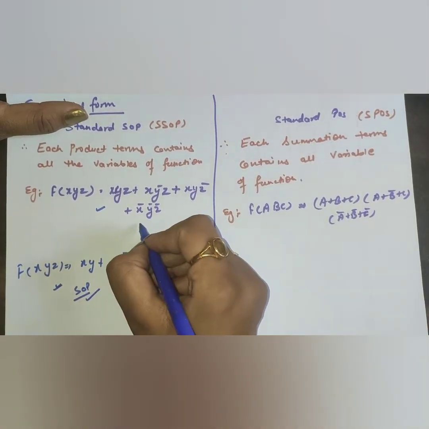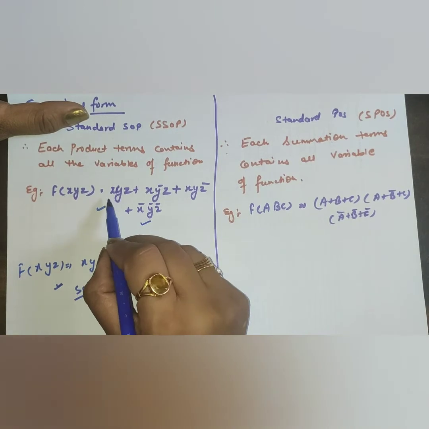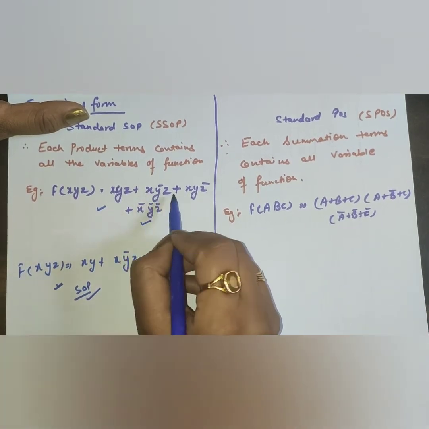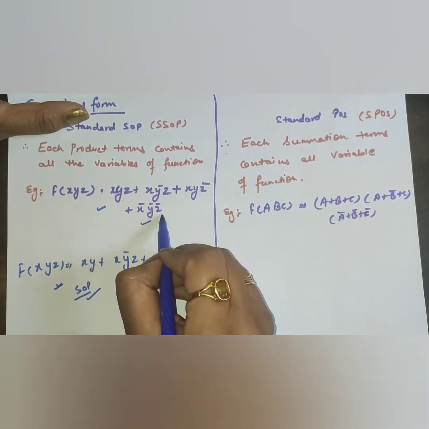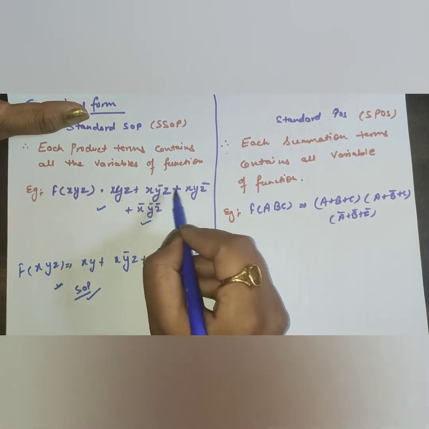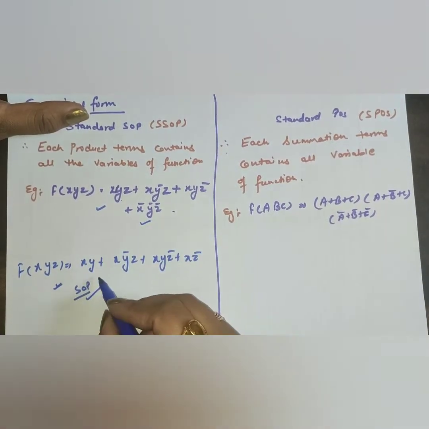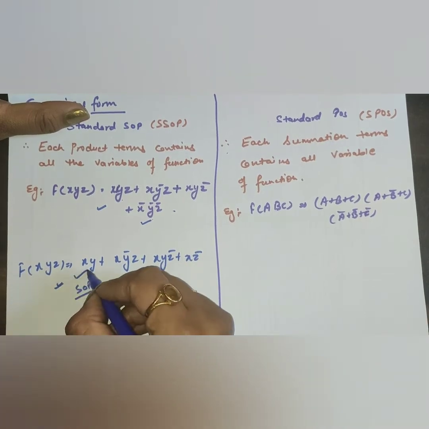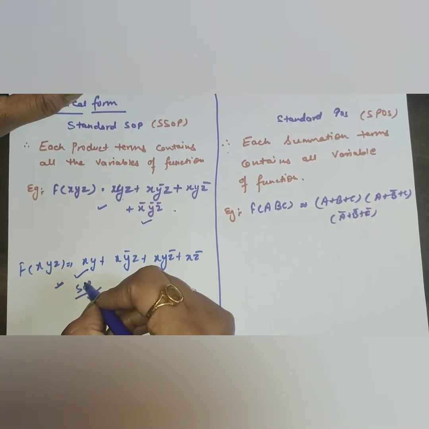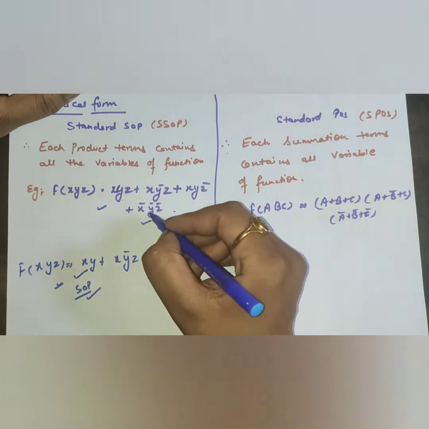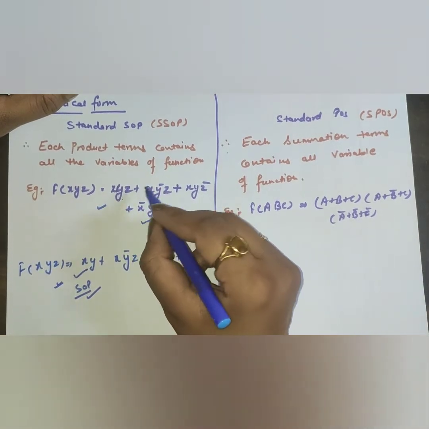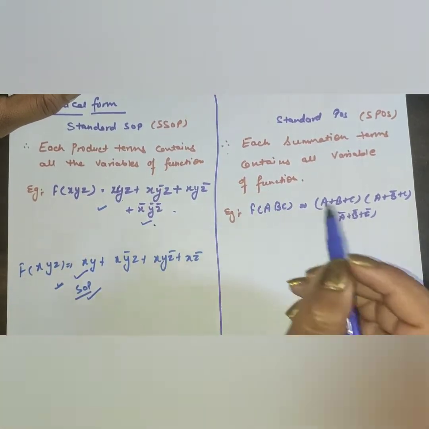Now this is a standard SOP: x y z plus x y bar z plus x y z bar plus x y bar z bar. So it contains all the variables in each product term. So this is standard SOP form because each product contains all the variables.